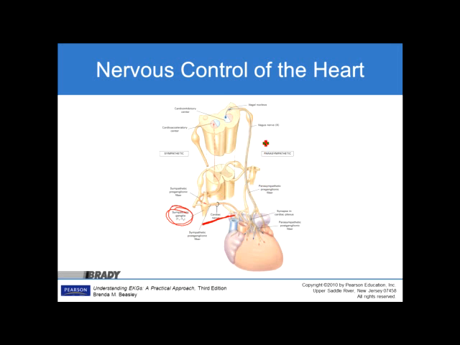The parasympathetic nervous system comes out pretty high. It comes out in a cranial nerve, the 10th cranial nerve, the vagus nerve. Specifically speaking about the heart, the vagus nerve controls the rate.